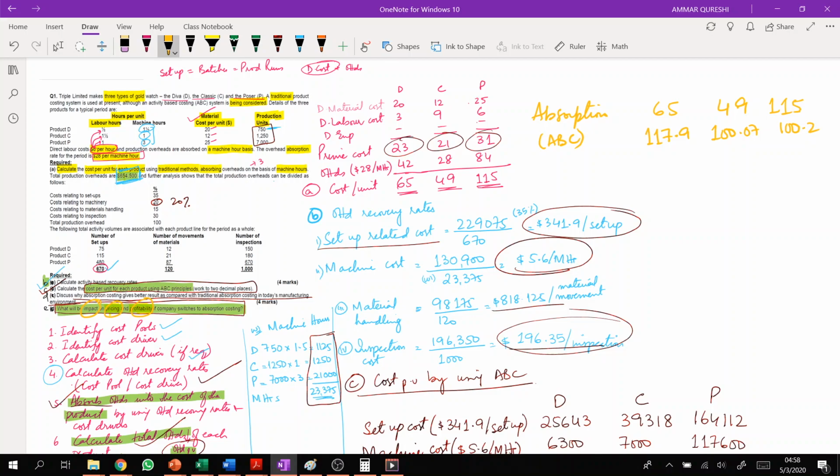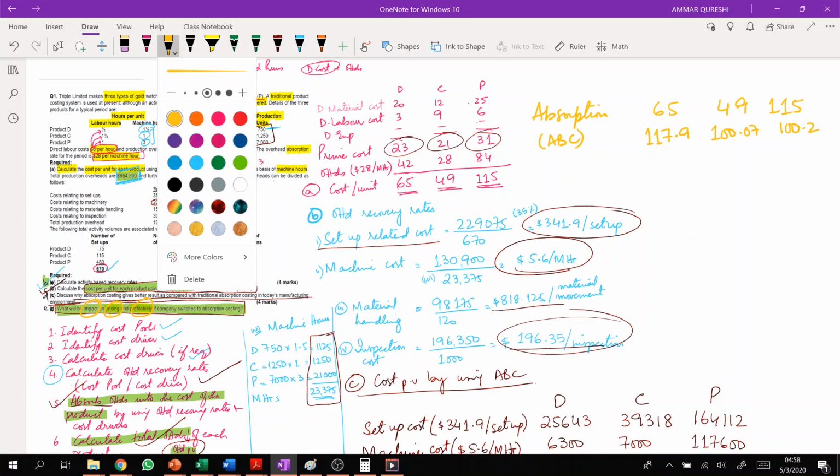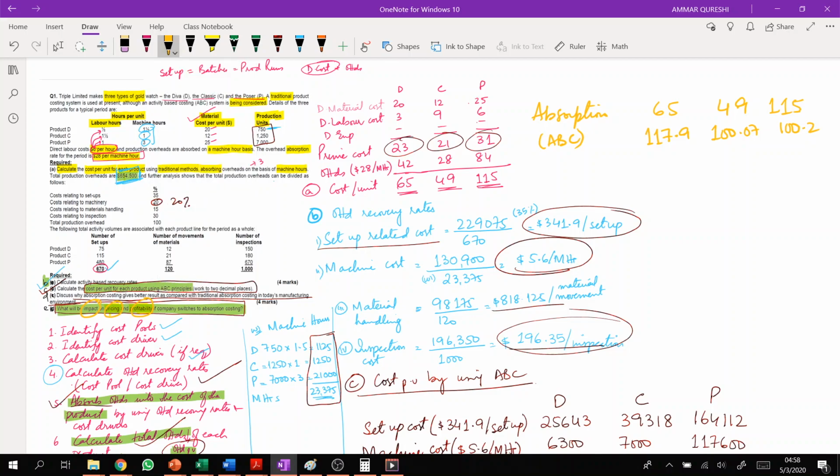We also discussed earlier in the lecture that the significant impact is on product D and product C, and less impact on product P. Product D cost has almost doubled in activity based costing as compared with traditional absorption costing. Product C cost is double what the cost under absorption costing was.